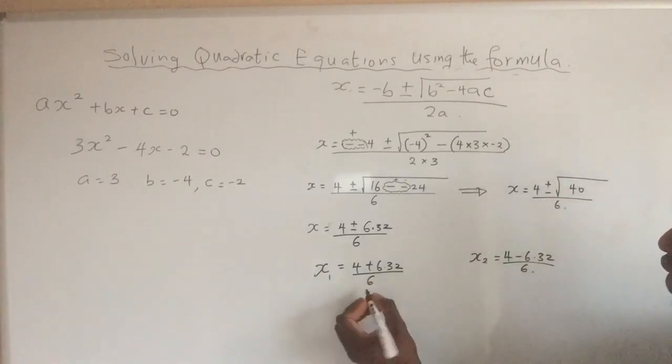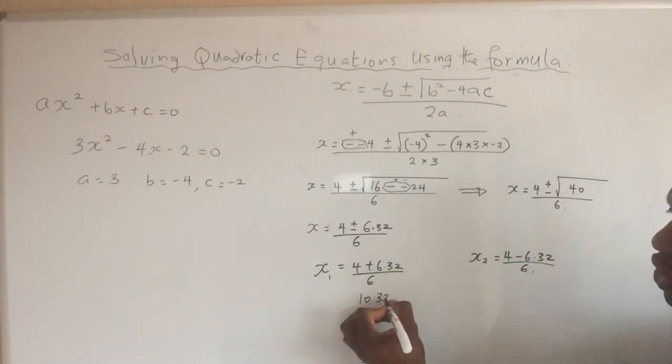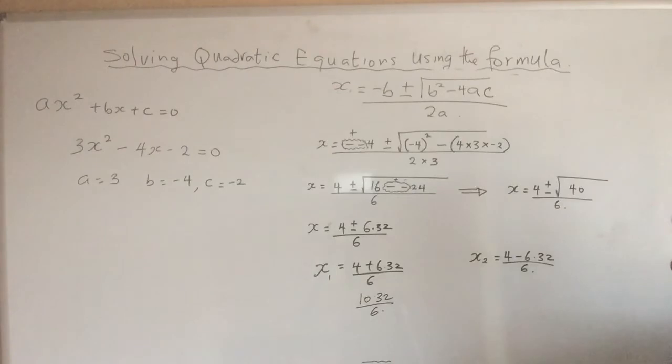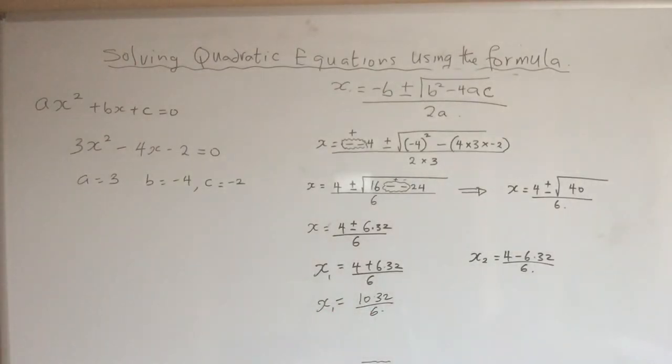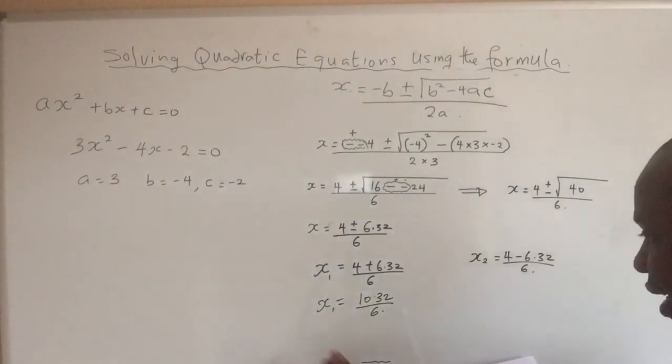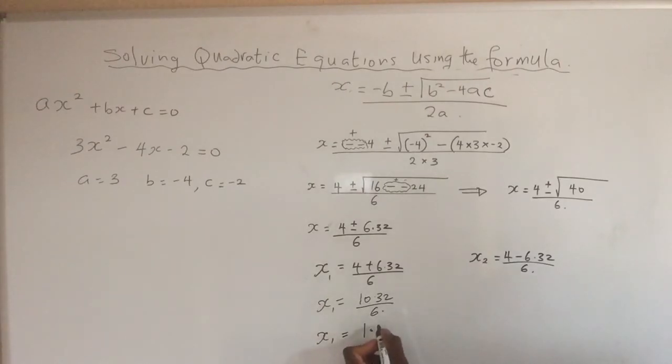So this gives me 10.32 divided by 6. And 10.32 divided by 6, x1 equal to 1.72.